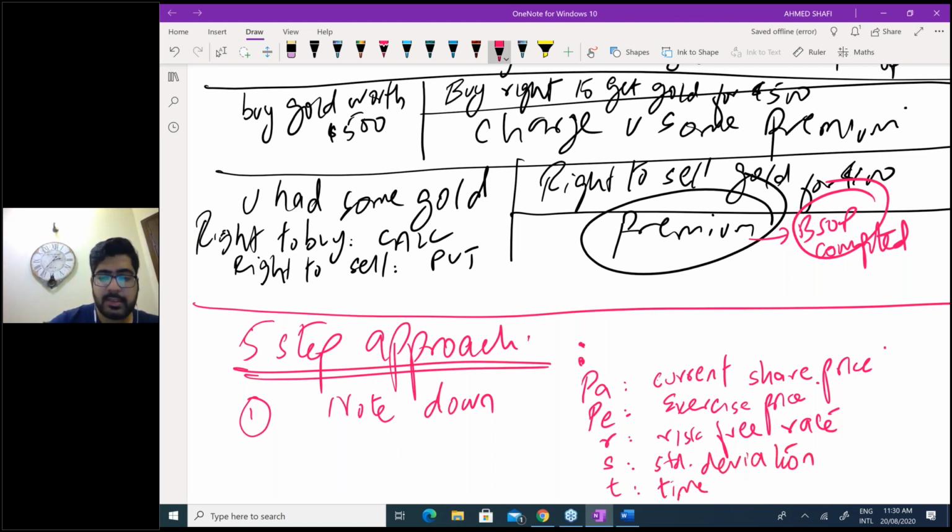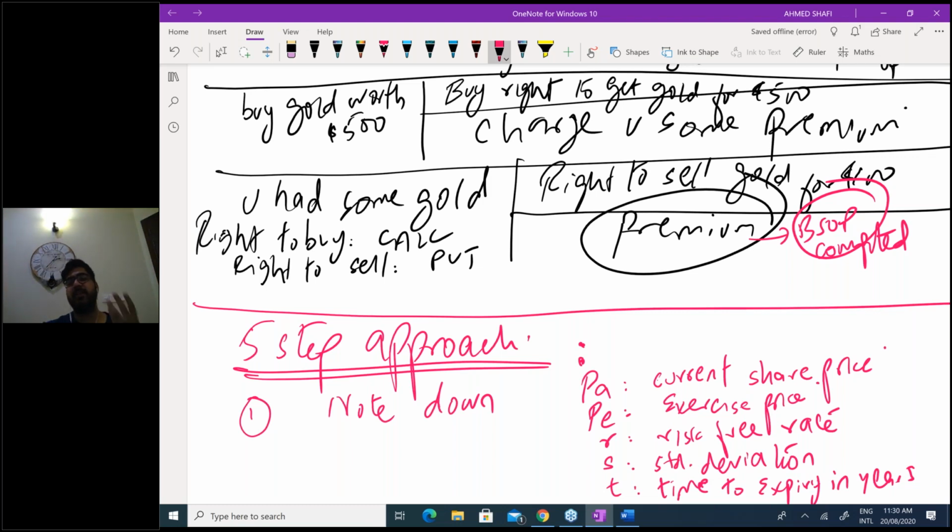And T is the time to expiry in years. Remember, the formula states that time to expiry must be in years. So if you are given 6 months time to expiry, you should not take 6 months, it's 0.5 years. If you are given 9 months time to expiry, don't take that, take 0.75 years, okay?